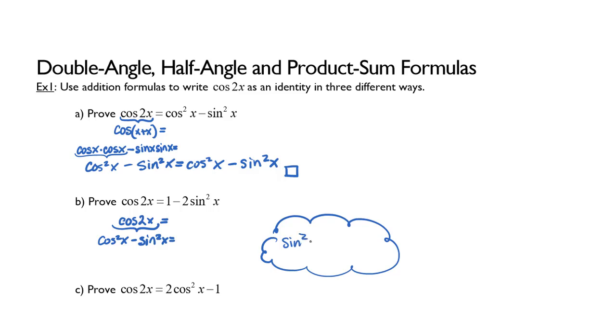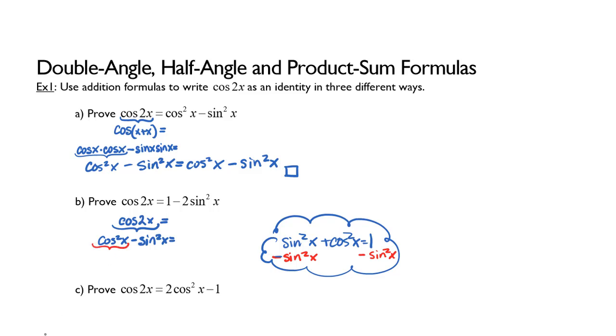And then from there, I know that just off to the side, we'll write this over here. Sine squared x plus cosine squared x equals 1. I know that from way back. So I could replace the cosine squared x with 1 minus sine squared x, because if I subtract sine squared x from both sides, I'll get my cosine squared by itself.